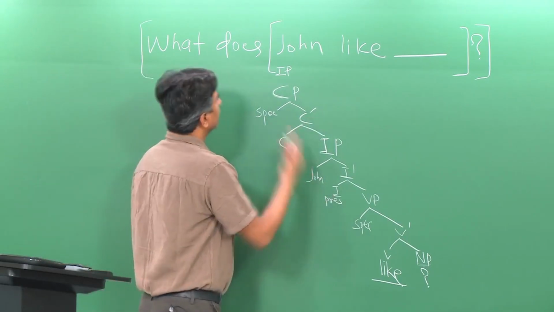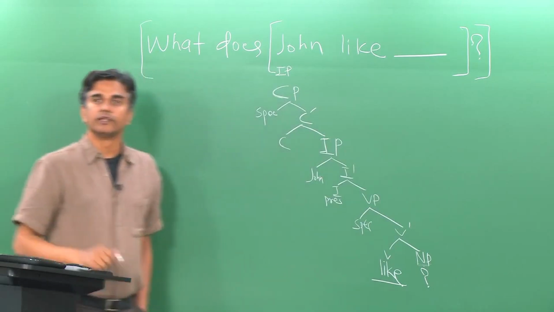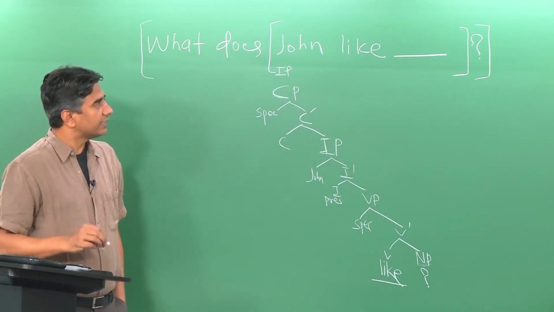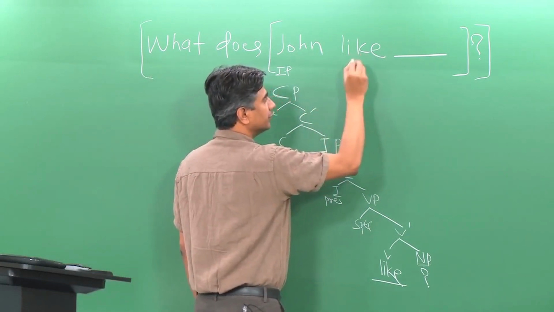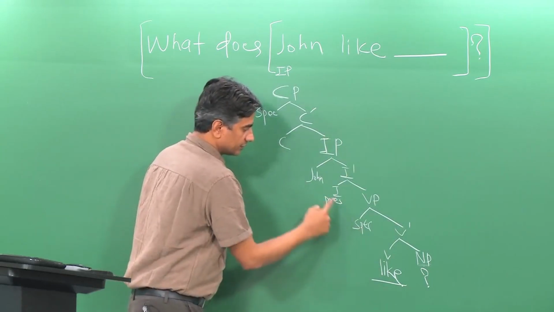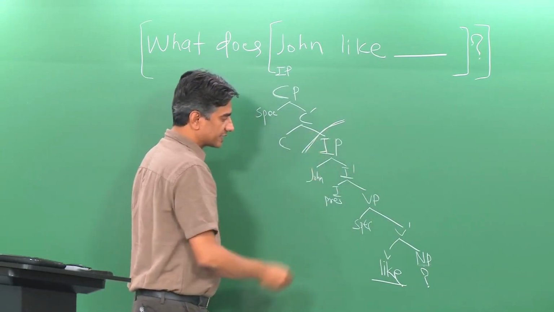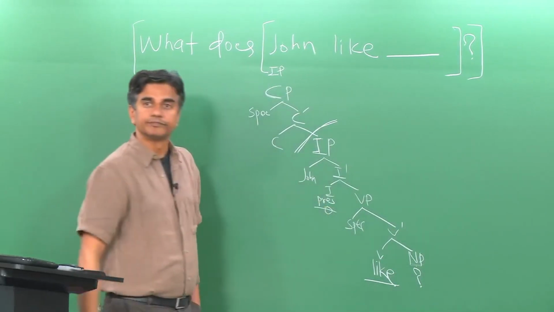In the IP, in this sentence, we only have John likes. As a matter of fact, it's not even John likes, it is John like. So this verb, this one, rather this IP, is also stripped out of its tense.